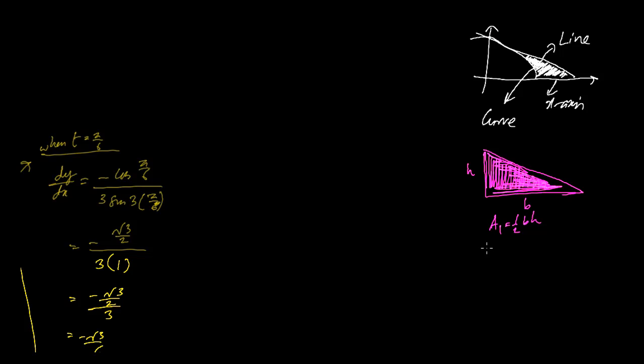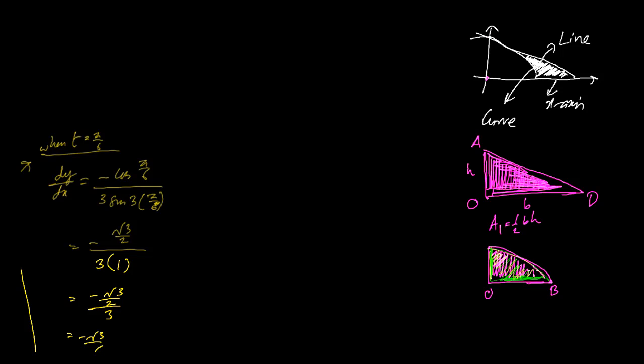Then we can find the area under the curve from this point O to this point D. If this is A, this is O, and this is D, then the triangle area would be half into OD into OA. Now for the curve, the only way to find the area is by integration.